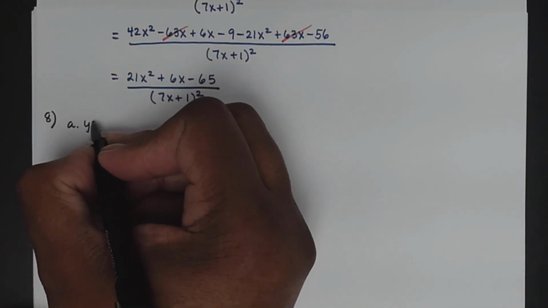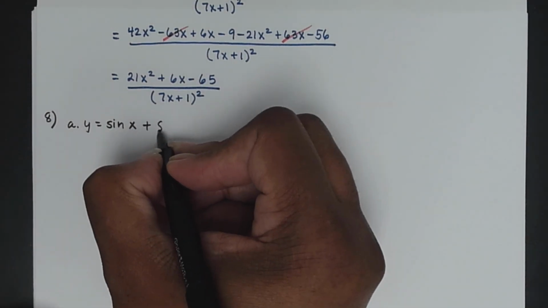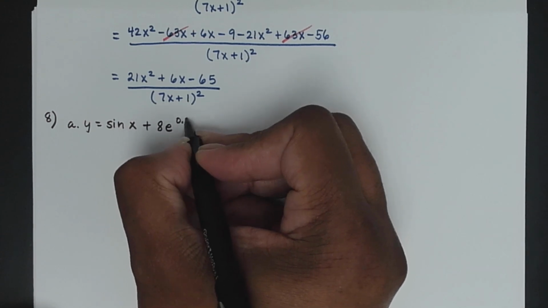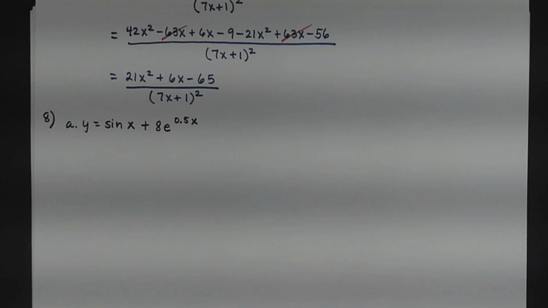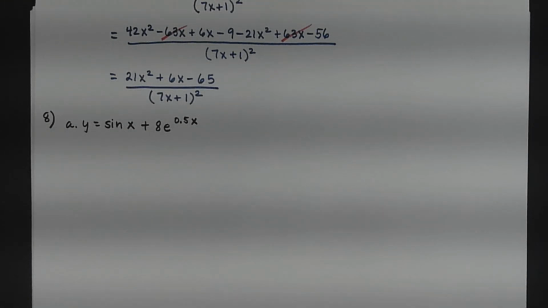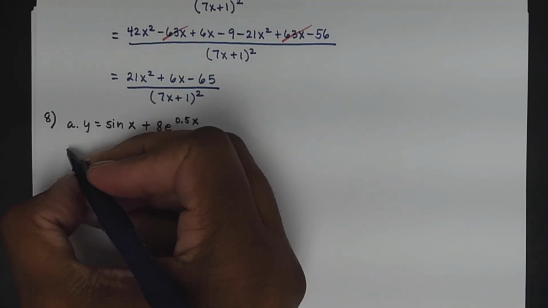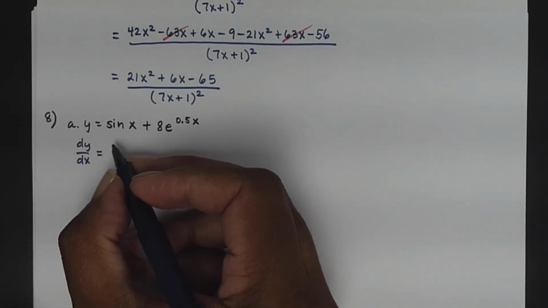Here we got y is equal to the sine of x plus 8e to the 0.5x. So that means if I do dy dx, take the derivative of each term.